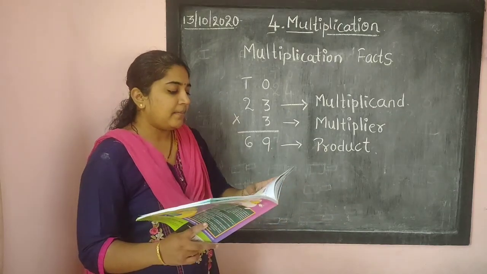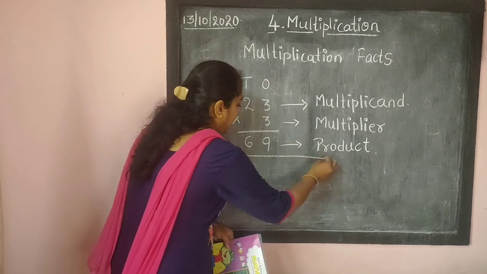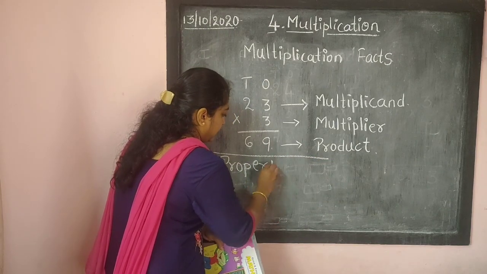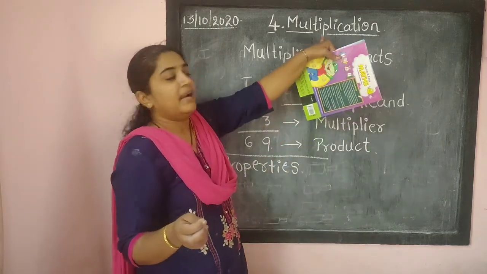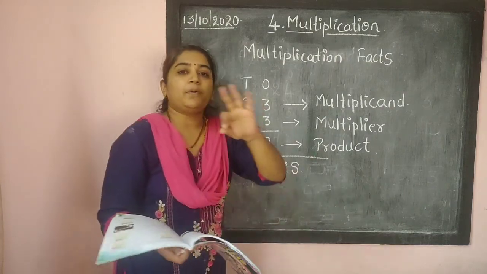So now, some properties of multiplication. Some properties are there in multiplication, we will see that. There are 3 properties.